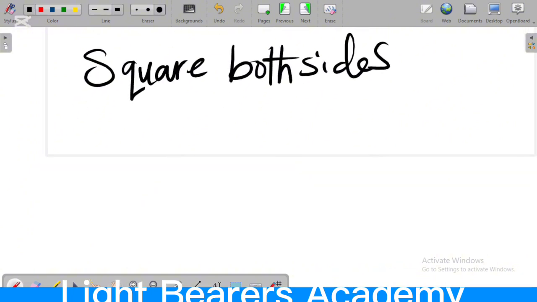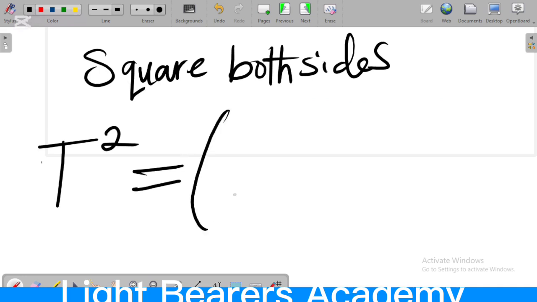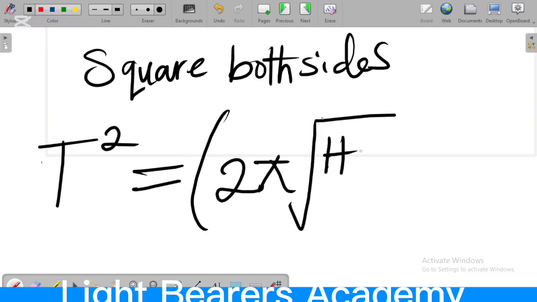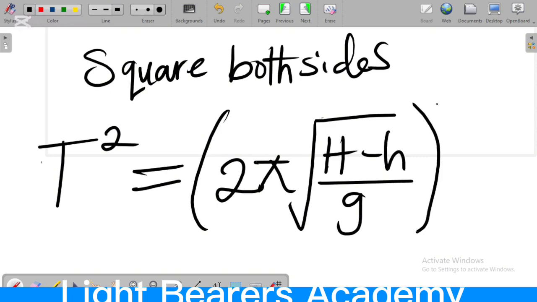If you square both sides, you would have T square is equal to open bracket, 2 pi square root of capital letter H minus small letter h all over g, and then all raised to power 2.